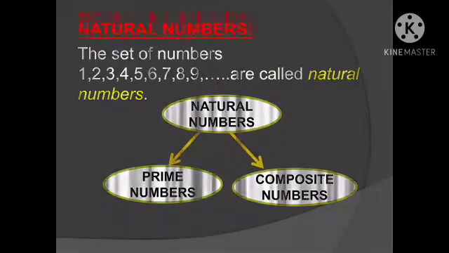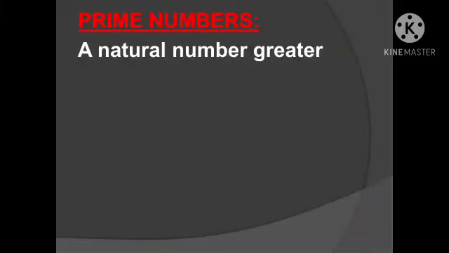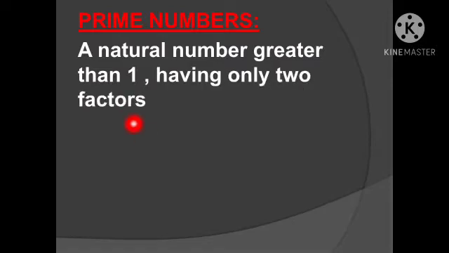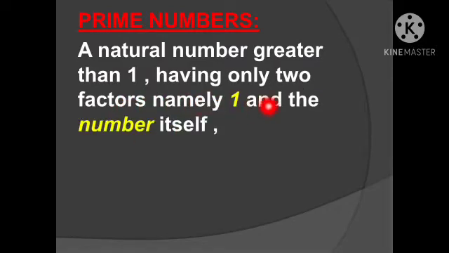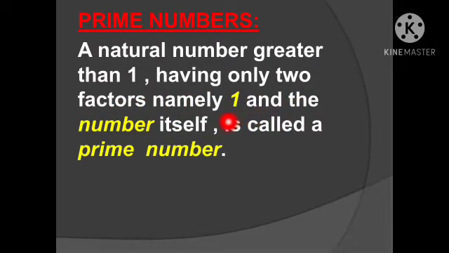Now let's see what is meant by prime numbers. A natural number greater than 1 having only two factors, namely 1 and the number itself, is called a prime number. Students, it's clear now what is meant by a prime number. It should be greater than 1 and the number having only two factors, that is 1 and the number itself. That number is considered a prime number.